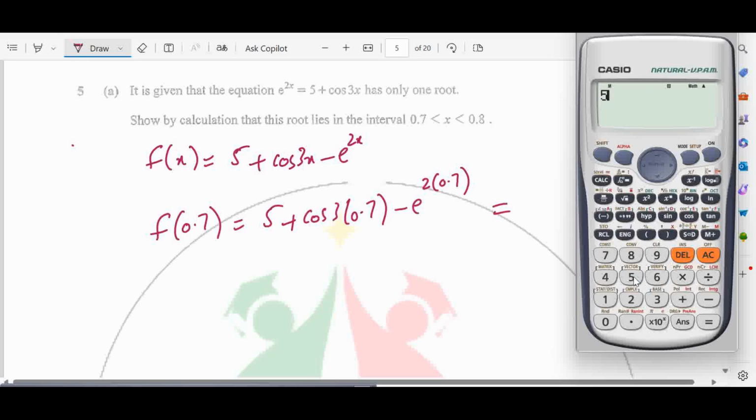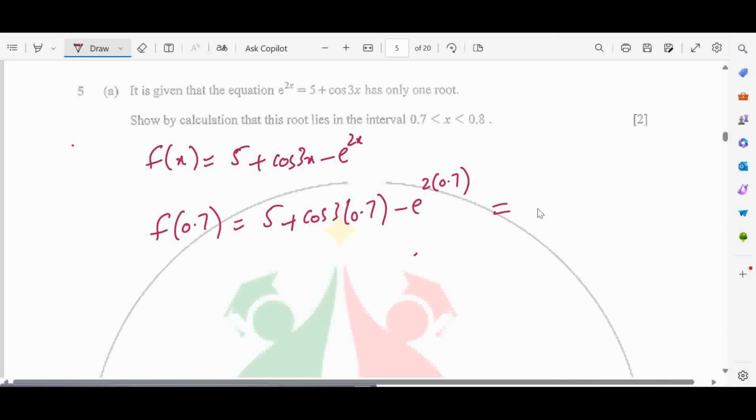Now 5 plus cos of 3 multiplied by 0.7 bracket close minus e power 2 into 0.7 bracket close. This will be equal to 0.4399.